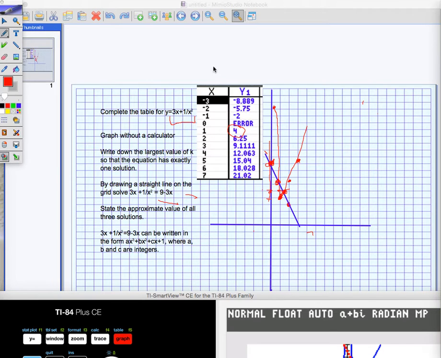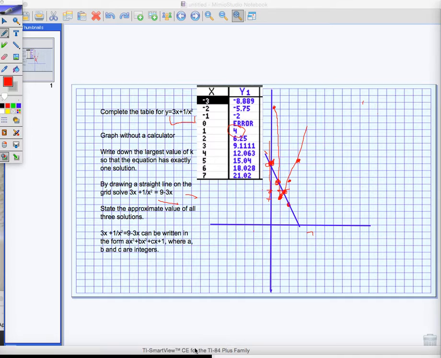All right, so now we're on to the last part. It says show how this can be written in the form ax cubed plus bx squared plus cx plus 1, where a, b, and c are integers. So at this point, and I'm going to go ahead and erase this. So at this point we have 3x plus 1 over x squared equals 9 minus 3x.